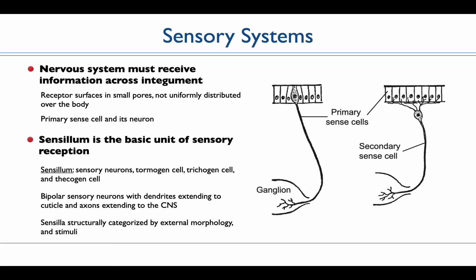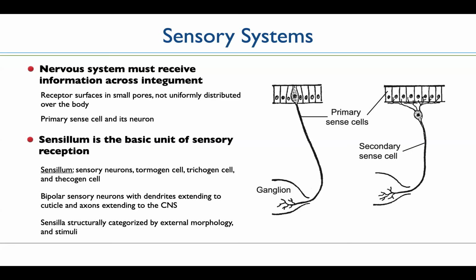There are receptor surfaces, small pores. They're not uniformly distributed over the body, but they tend to be these primary sense cells that are associated with a specific neuron to be able to drive whatever behavioral response the stimulus is eliciting.